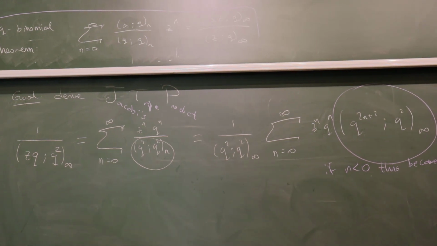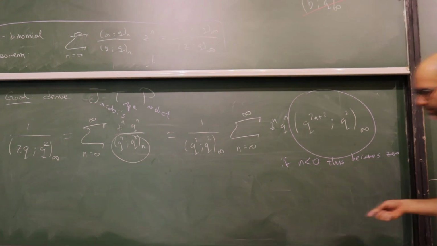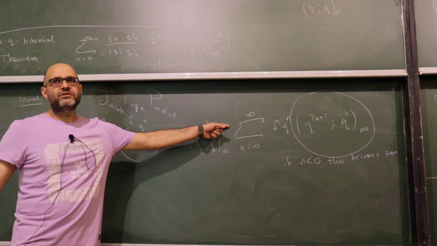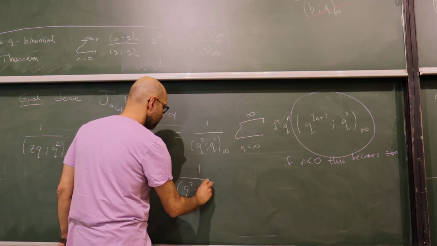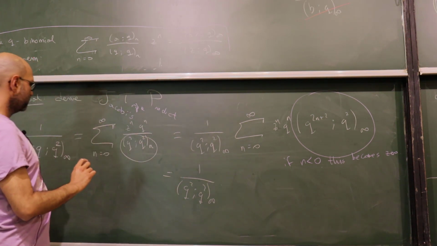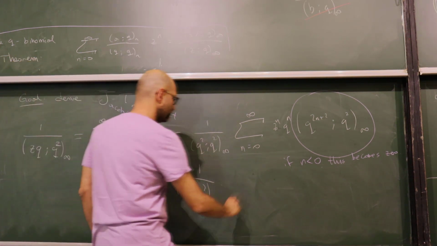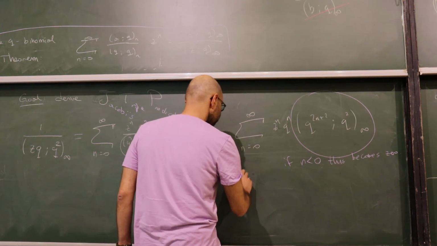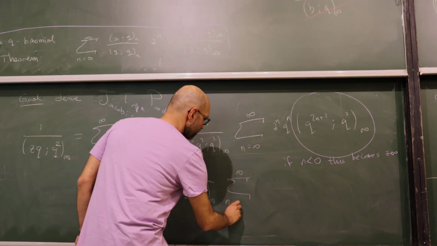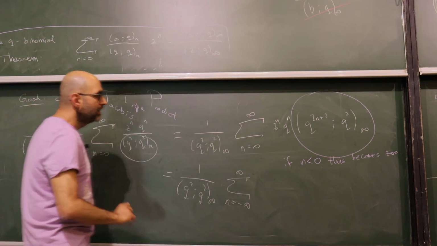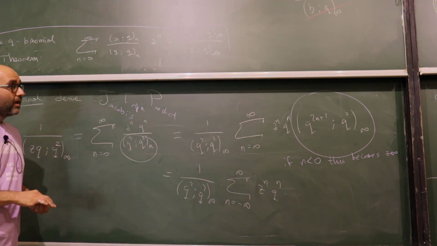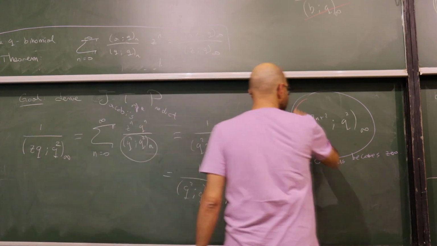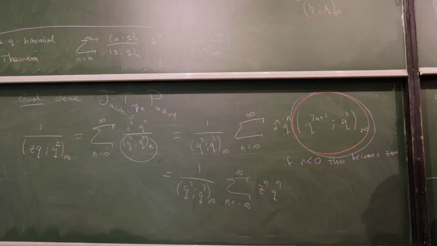So it's no harm to let the sum run from minus infinity to plus infinity, replacing a unilateral sum by a bilateral one. 1 over (q^2; q^2) infinity times the sum from n equals minus infinity to plus infinity of z^n q^n. And for that inside infinite product, we will use a corollary of the q-binomial theorem.